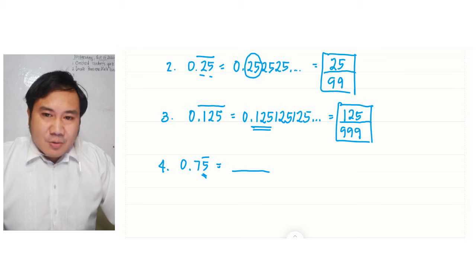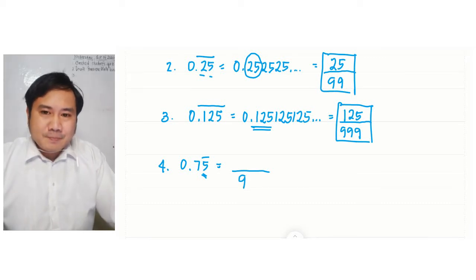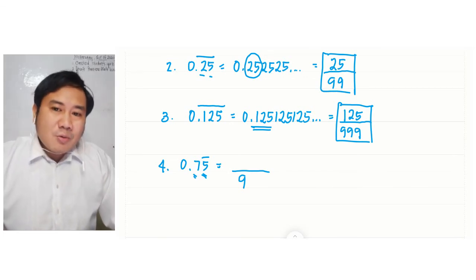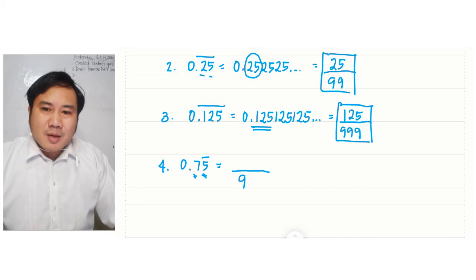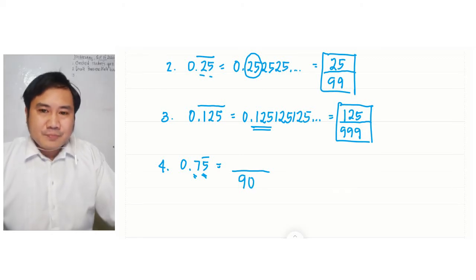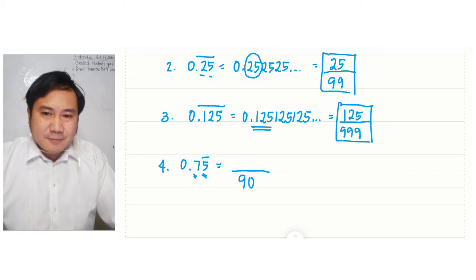Since 5 ang nauulit, isa lang, so meron kang isang 9 sa denominator. Next, yung number ng digit na hindi nauulit will correspond to the number of zeros on your denominator. Since isa lang ang hindi nauulit like the 7, meron kang isang 0. So, your denominator is 90.